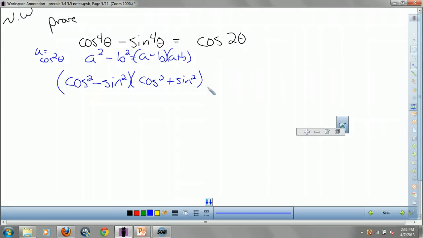Now, let's think back. What's cosine squared plus sine squared? It's 1, right? So this kind of just goes away.